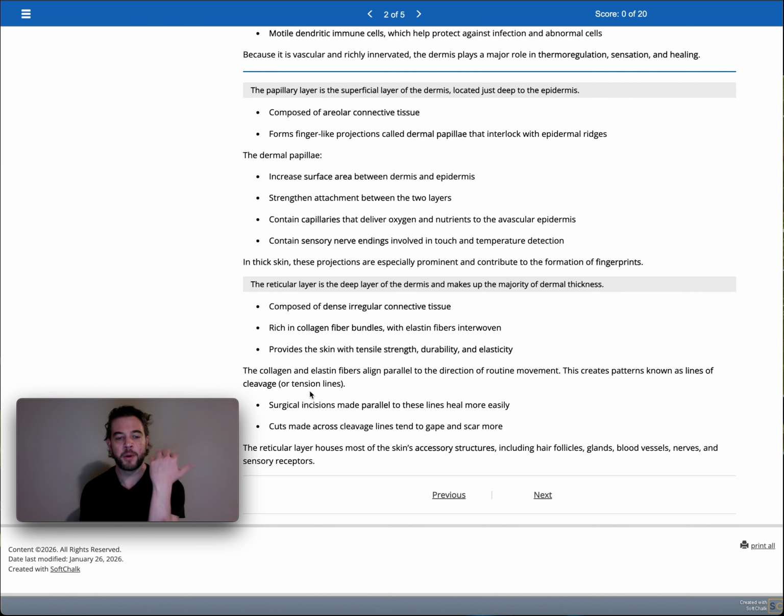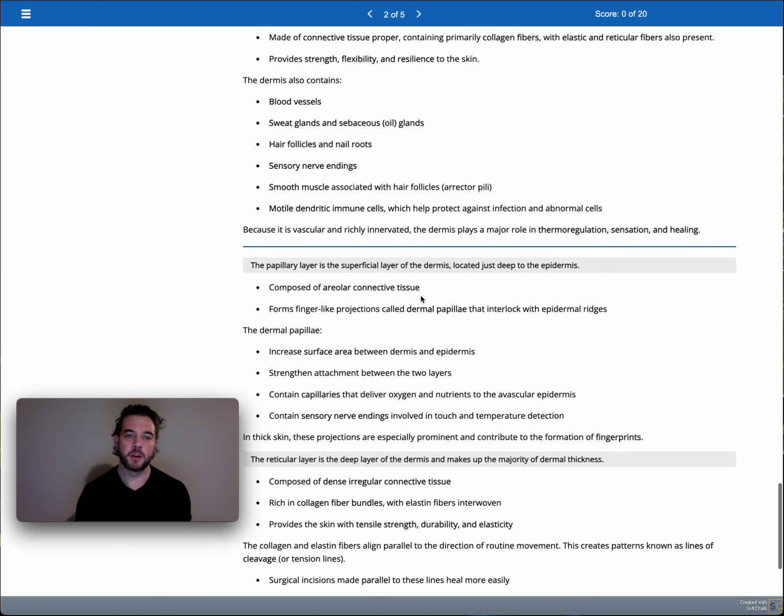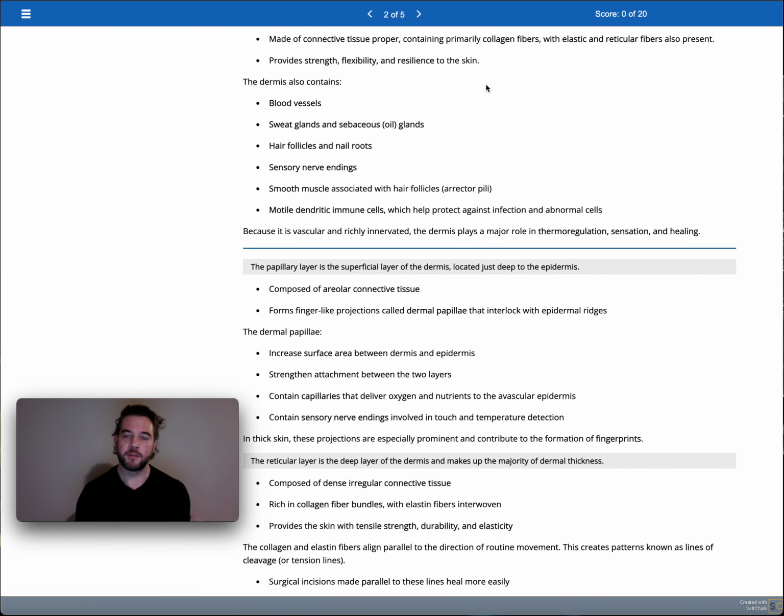And so depending on what part of the body you might be making an incision on, there are optimal ways to make those incisions. So that way when you go to resuture, you're not having to fight against the natural tension of the skin. You can actually bring pieces of skin together more easily because you're not fighting these lines of cleavage.